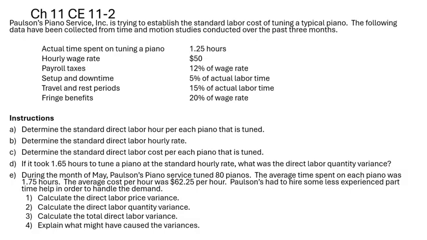And then once we get all of that, we can do an analysis that says if we took 1.65 hours to tune a piano at the standard hourly rate, what is the direct labor quantity variance? So we can calculate the labor quantity variance in this case. And then E, we'll come back to that because there's a lot there. We'll see how that is after we answer these other ones.